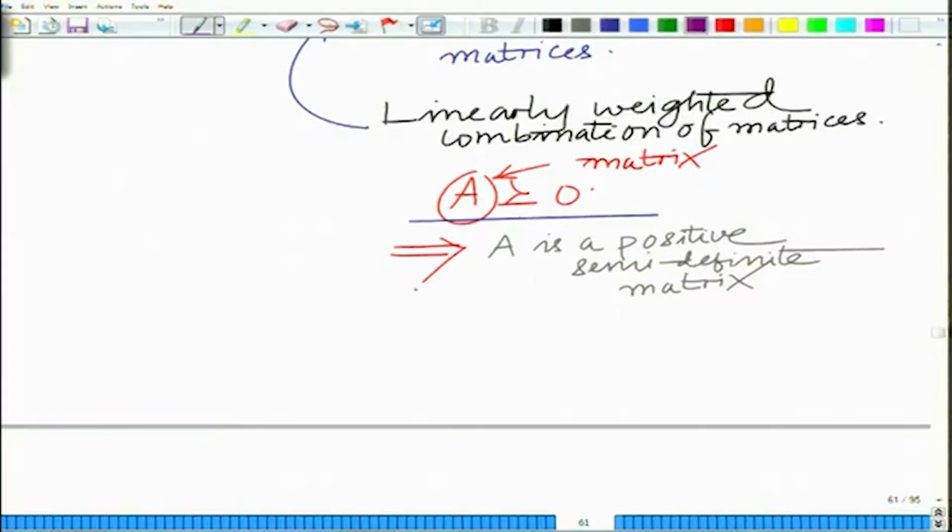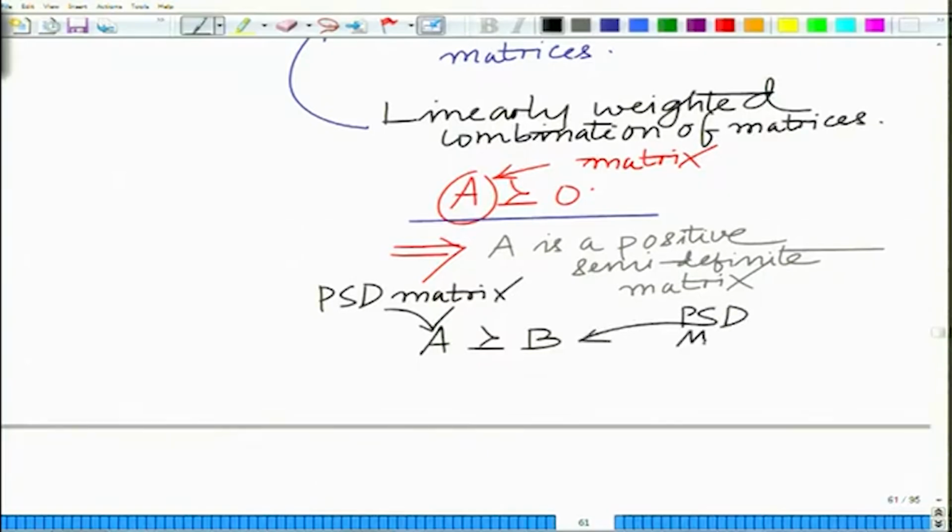We say two positive semi definite matrices, that is A is greater than or equal to B, where A is a positive semi definite matrix, a PSD matrix, and this is also a PSD matrix.